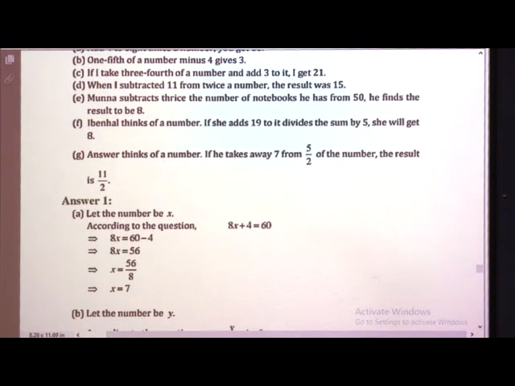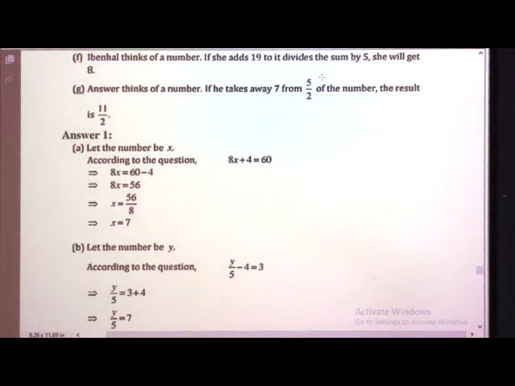Here is one more equation. If I take 3/4 of a number and add 3 to it, I get 21. I take 3/4 of a number, 3/4 means 3 by 4 of the number, and add 3 means we have to add, plus, is equal to what I get, which is 21.